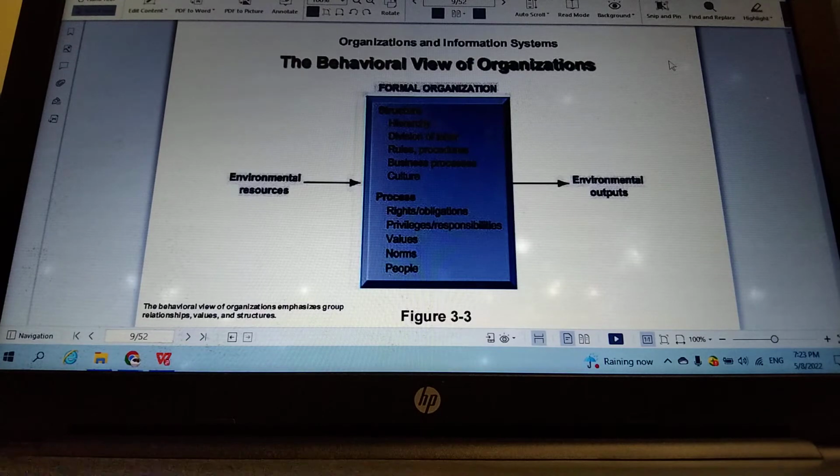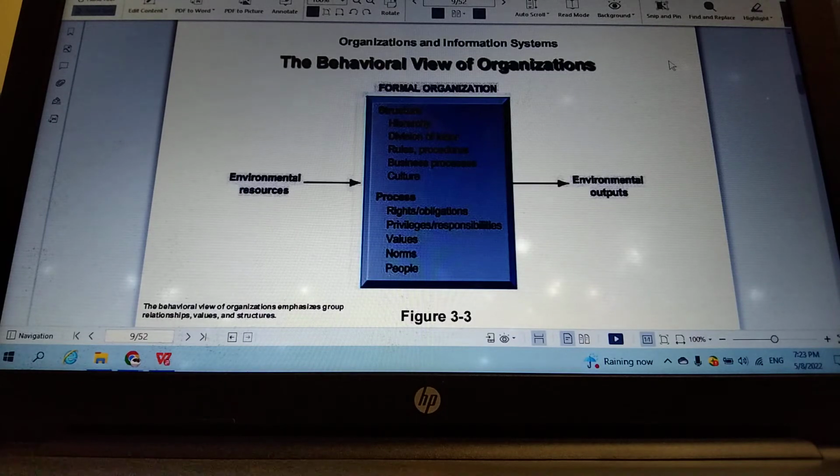And for the processes, you might have certain rights and obligations, procedures, privileges and responsibilities, values, norms, as well as people performing the processes or responsible for the processes in generating the environmental output. So if you look at the technical definition and the behavioral definition, both are responsible for generating output.